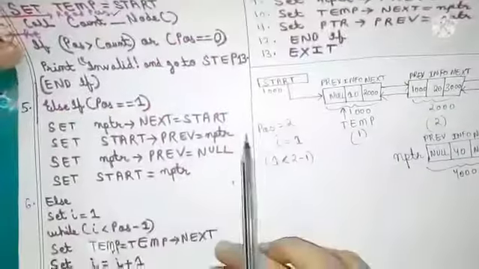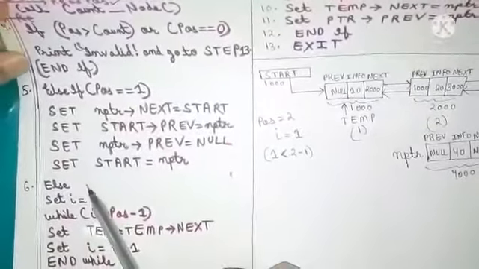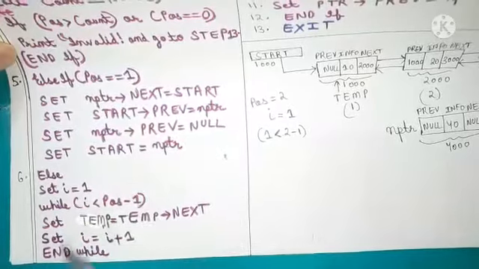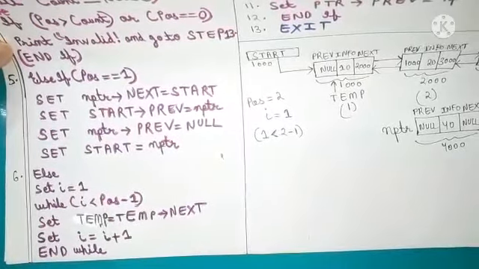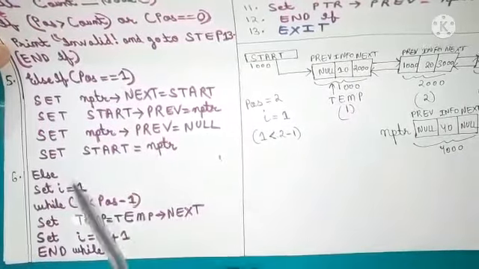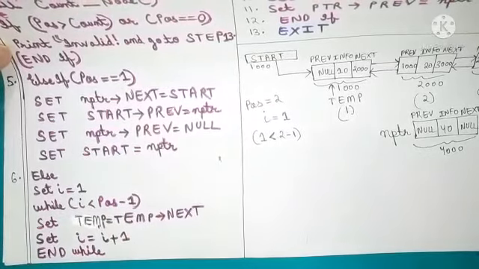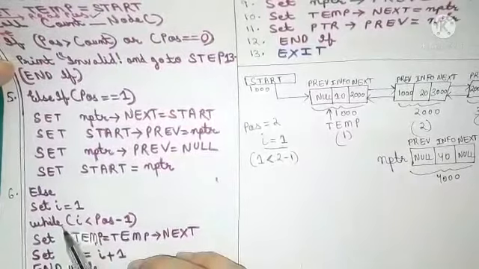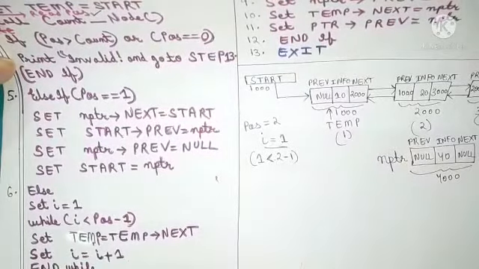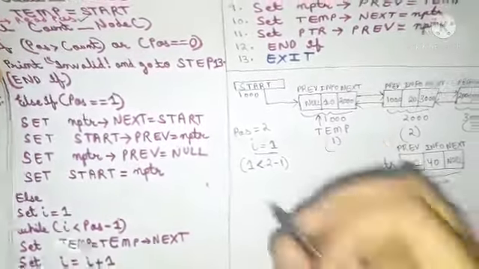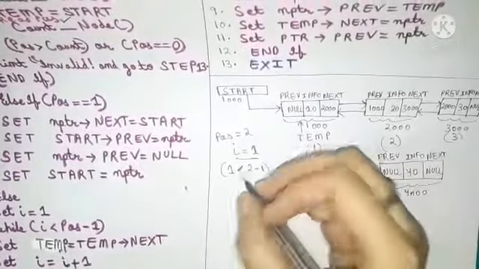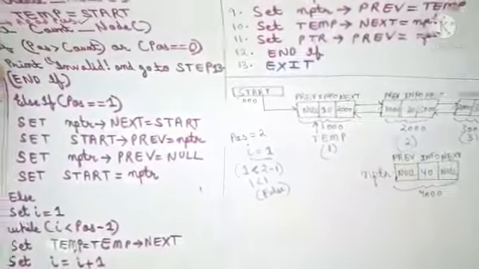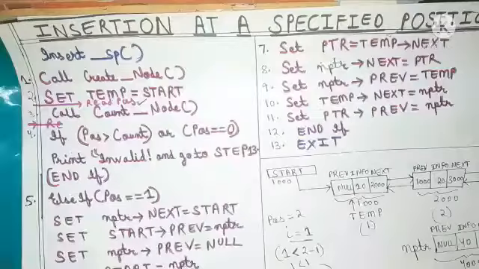Now else, we will set i is equal to 1. That means if we don't want to insert at the first position, then this else condition will be executed. So we will set i as 1. Then this while loop will check that i is less than position minus 1. So 1 less than 2 minus 1, that is 1 less than 1, this condition becomes false. So the while loop will not be executed.